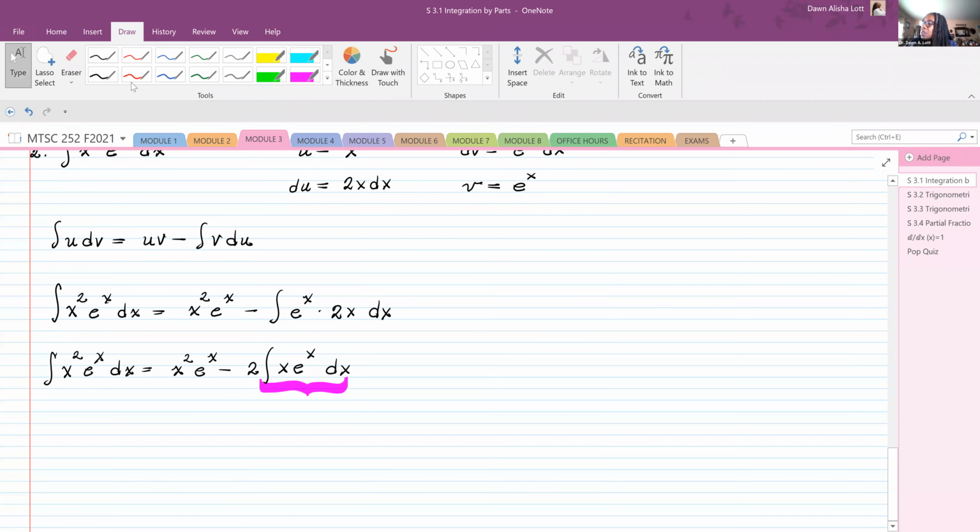That is another integration by parts problem. So you would compute that. So if it's x squared, you're probably going to have 2 integration by parts problems.